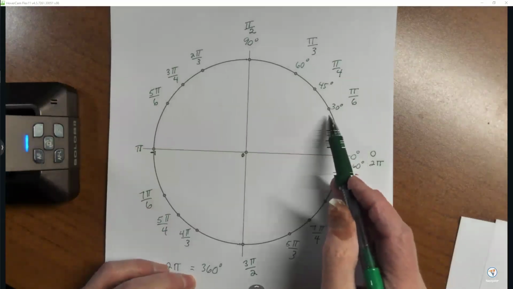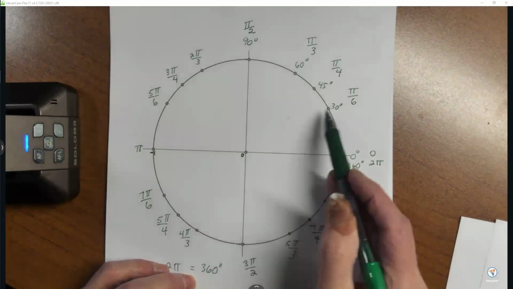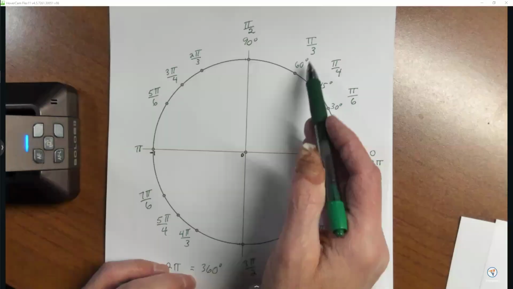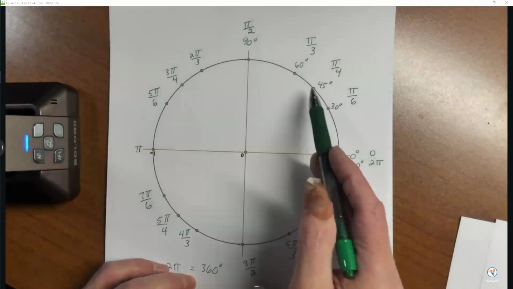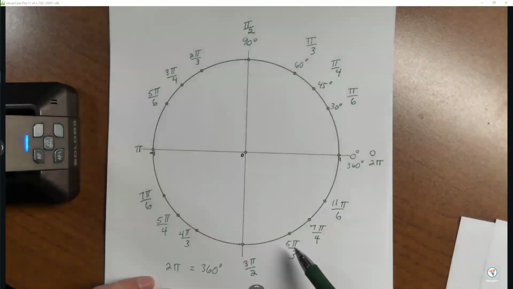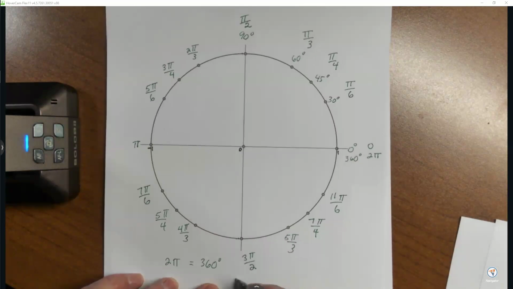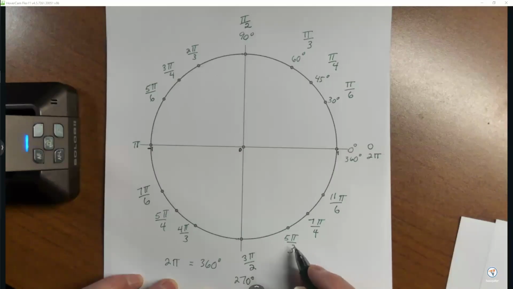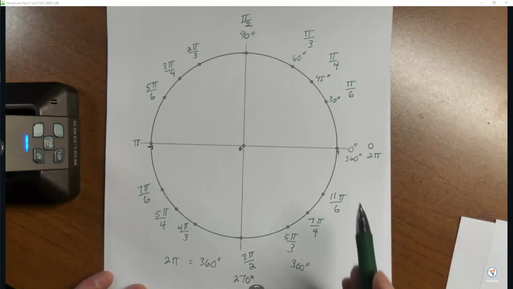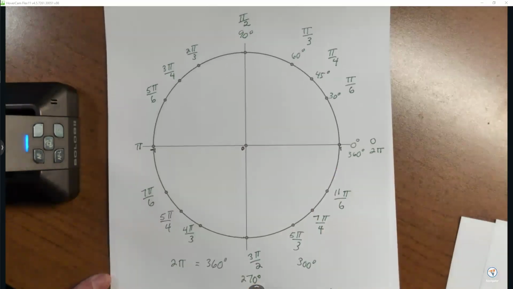And what we really care about is the pi over 6 and all of these components that coincide with the degree measures that we've already taken a look at. Okay, so we also know that 3 pi over 2 is the same angle as 270 degrees. 5 pi over 3 is the same angle as 300 degrees, based on the degree measure if we split it that way.